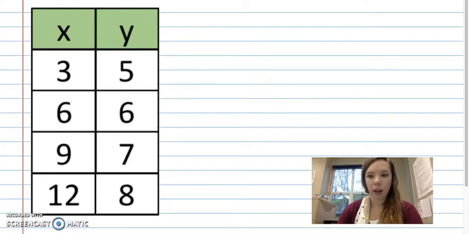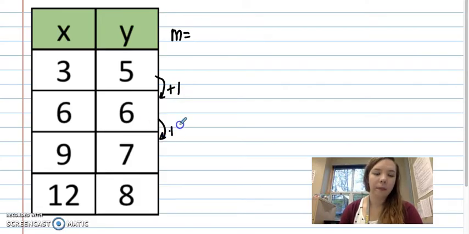Okay, again, go ahead and pause and write down this table. And this one's going to be a little bit different because we don't have a 0 already on our table. So we're going to talk about what to do about that. So again, I'm going to start by finding my slope. It looks like this is plus 1 each time.